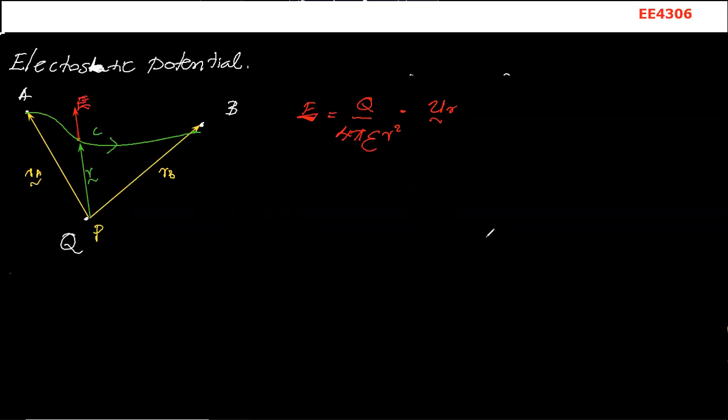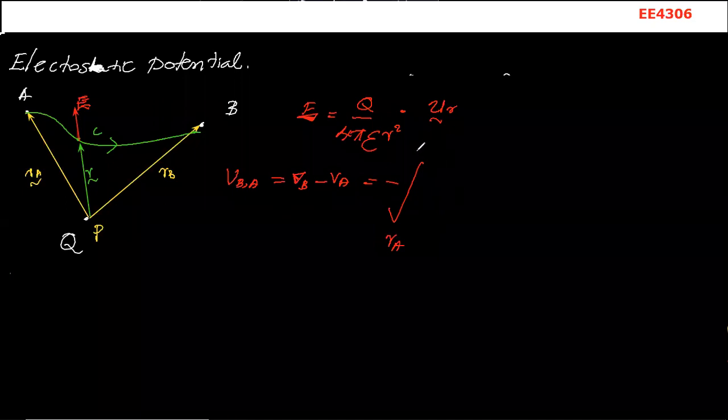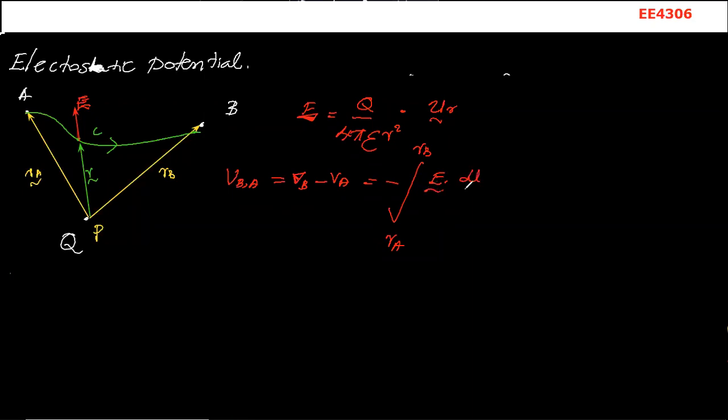Now, the potential difference between these, VBA, or you can write VB minus VA, you can write down by doing the line integration of the electric field intensity along this contour C. So the line integration from RA to RB, you can write down E into dl, where I refer here to the differential length on this path.